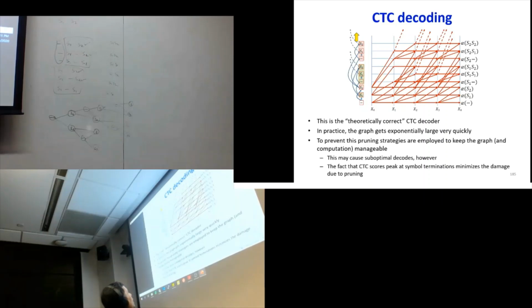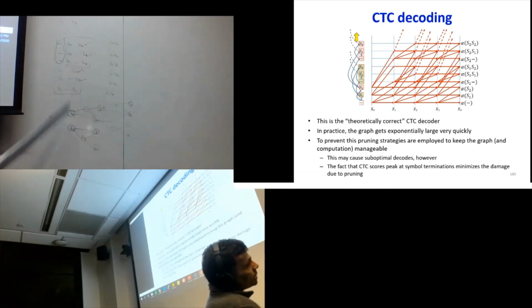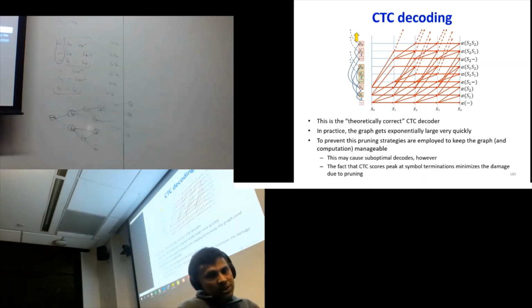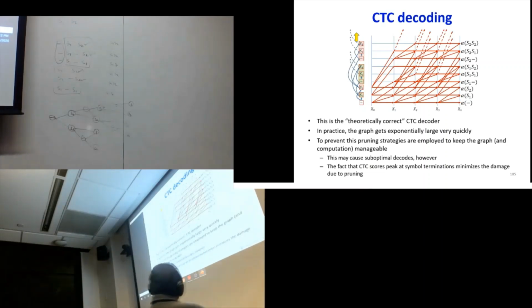So the problem, of course, is that as you keep growing forward, the number of rows increases, and it's going to increase exponentially fast because the number of possible symbol sequences increases exponentially fast. So we haven't actually simplified the problem. We've just come up with a way of representing all the graphs for all possible symbol sequences in one compact way. But this does give us a way of doing this in a computationally acceptable manner.